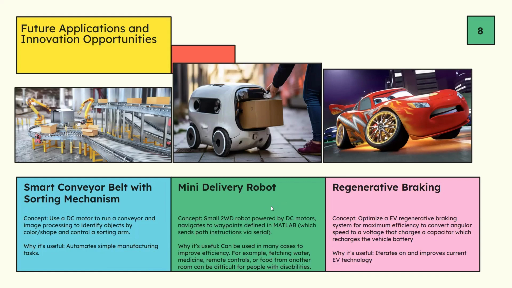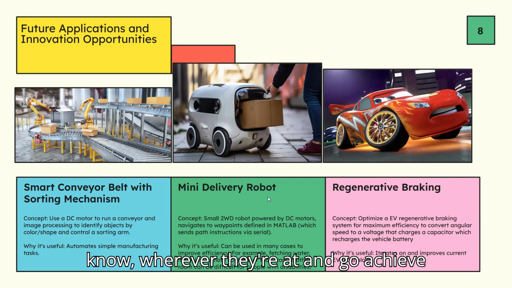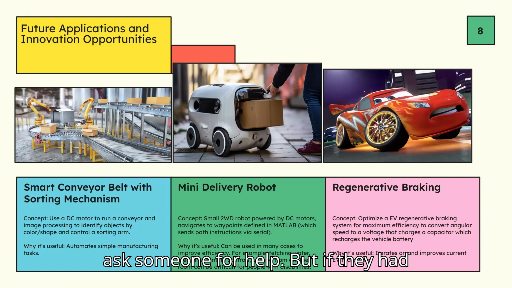Like you can tell it different path instructions and stuff. It could be useful, especially one thing we thought of was people with disabilities, who might not be able to get up from wherever they're at and go achieve something without having to ask someone for help. But if they had something like this robot, they would be able to get a water from their kitchen or just pick up certain things, to help them out.